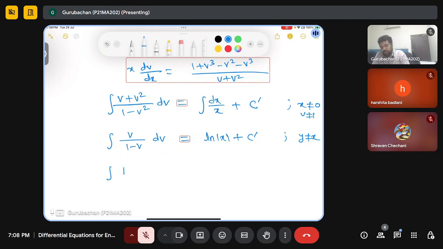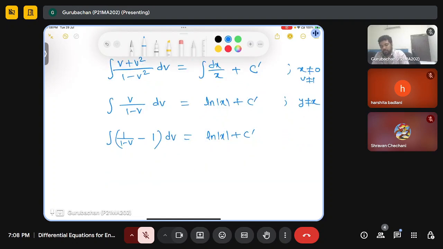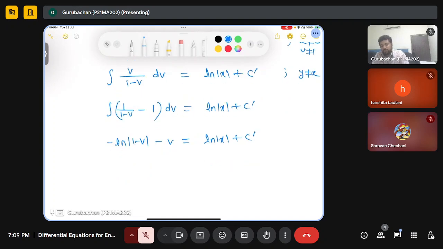So add 1, so it will be 1 minus 1 by v, and subtract 1. So this will give you ln mod x plus c dash. So this will give you minus ln mod 1 minus v minus v is equal to ln mod x plus c dash.